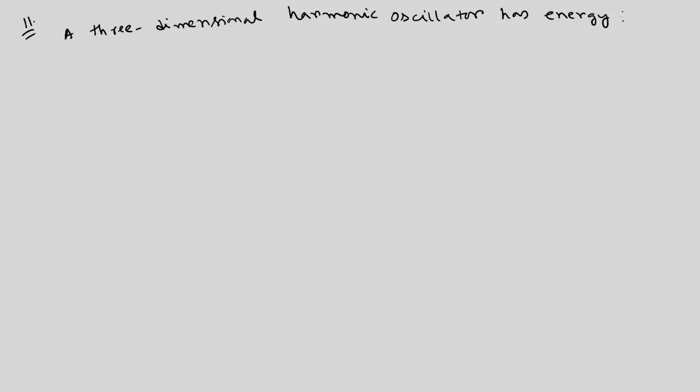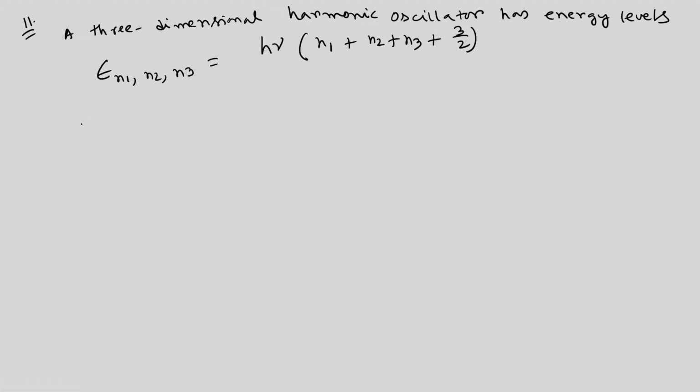A three-dimensional harmonic oscillator has energy levels where N1, N2, N3 can be 0, 1, 2, 3, etc.